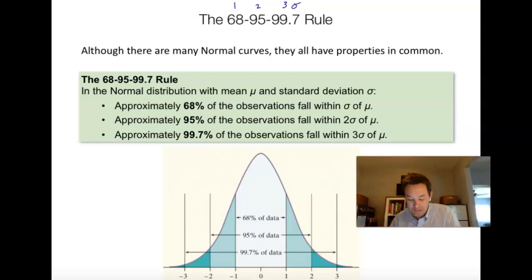When I say 1 standard deviation, I mean to each side. So you can see in this diagram, this is 1 standard deviation to each side. That represents 68% of the data. Then we have 2 standard deviations, then 3 standard deviations.